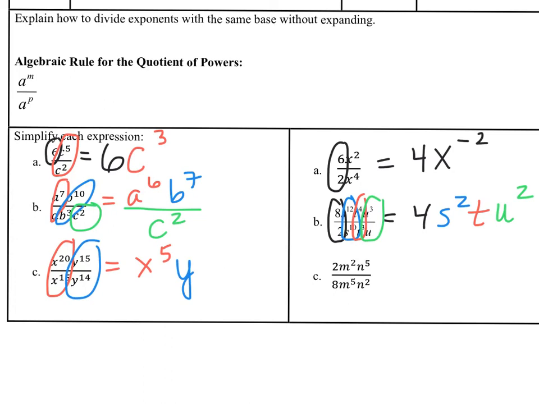If I do 2 over 8, that's not 4. 2 divided by 8 is 1/4. And then m squared divided by m to the 5th. 2 minus 5 is -3. And then 5 minus 2 for n gives me +3. And we're going to leave our answer like this for now.